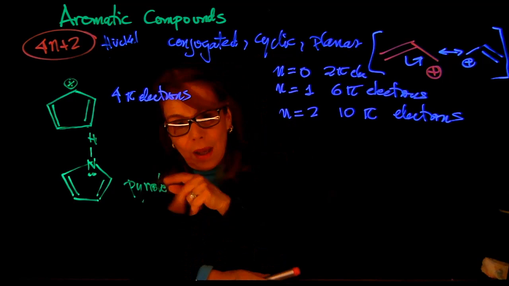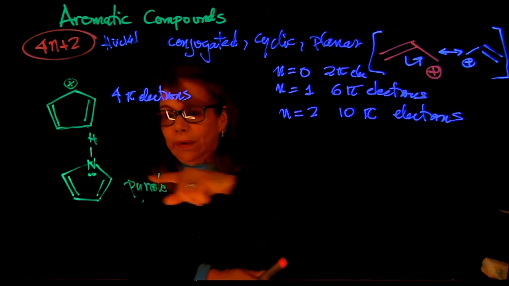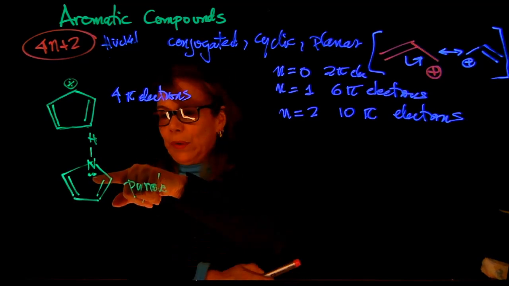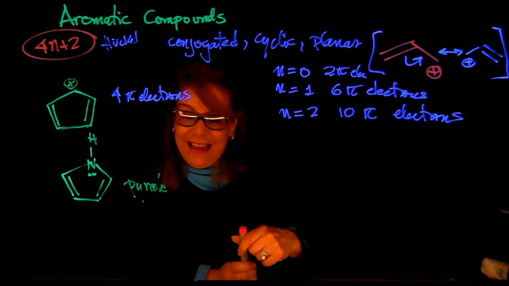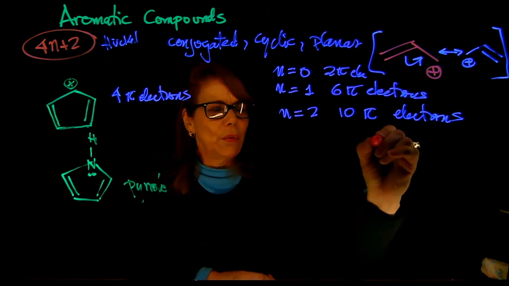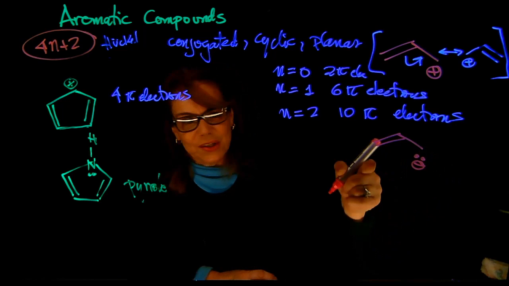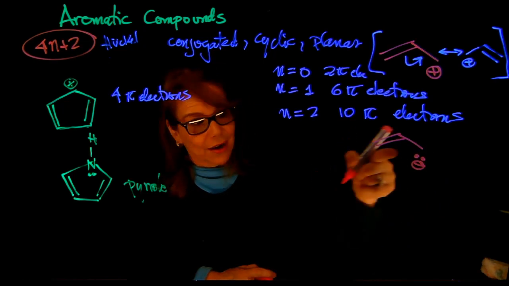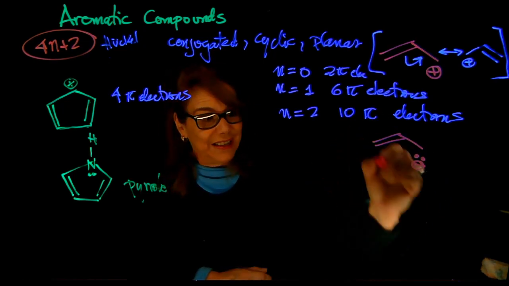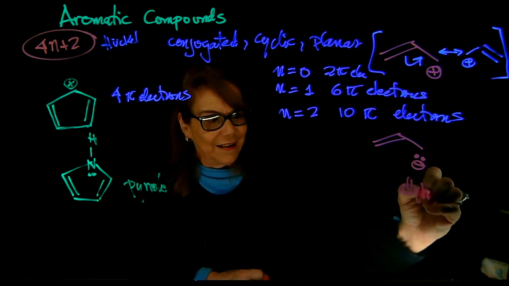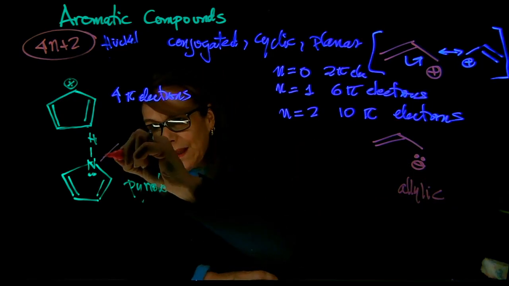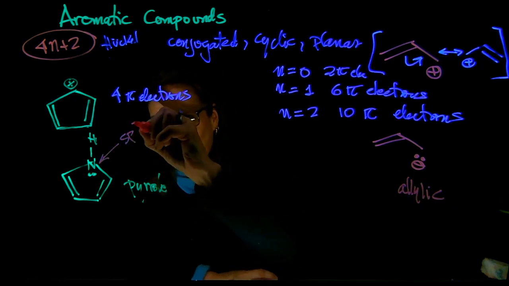It is cyclic. Will it be planar? Well, we have a nitrogen atom with a pair of electrons at an allylic position. So in a way, it's similar to this anion, right? A lone pair at a carbon adjacent to a double bond. So it is allylic. Because of that, we say that the nitrogen is sp2 hybridized.